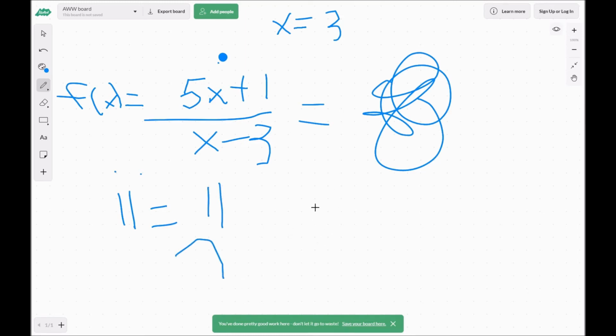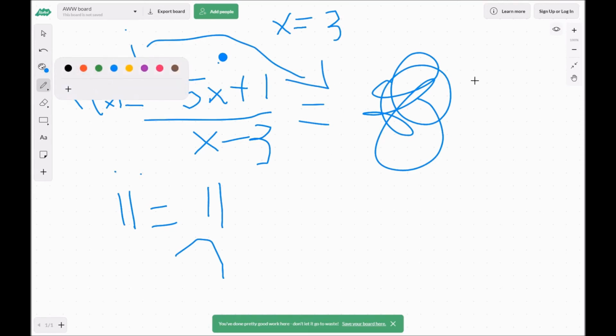So that makes condition number 3 fail immediately. Both of these are wrong. So what am I saying here? It means you can only determine the continuity of a function if all of the 3 conditions are met.